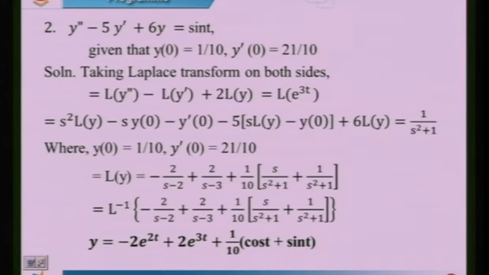Now, another example today is in terms of an algebraic term and an exponential term which are multiplied together on the right side.